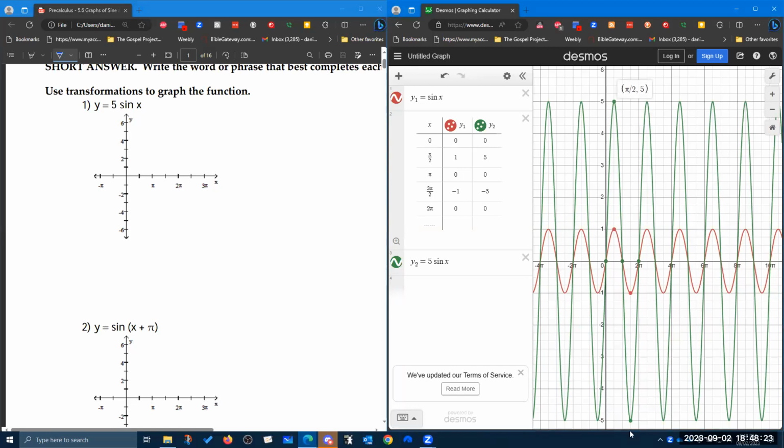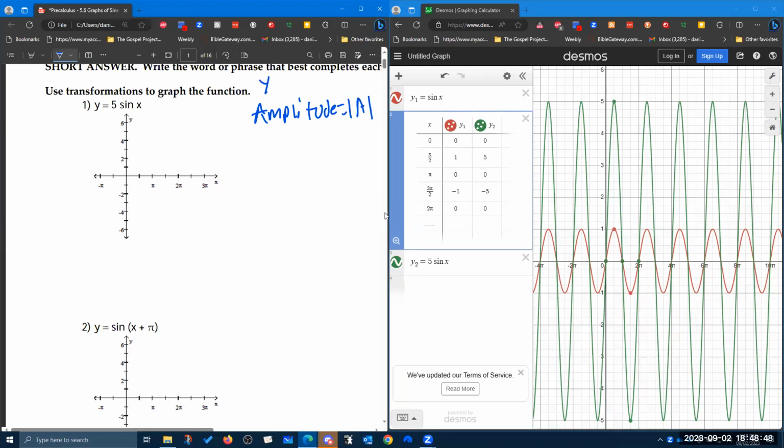The same x values are still where the maximum and minimum occur, but it's now 5 times the amplitude, because the amplitude is equal to the absolute value of what we call A, where this is written as y equals A sine of omega x.